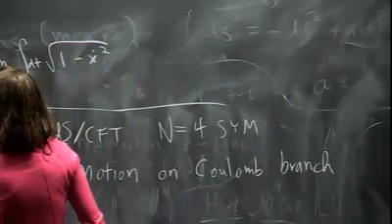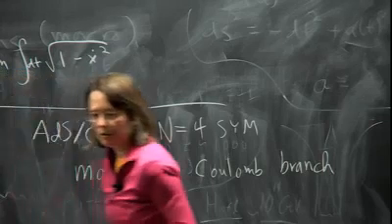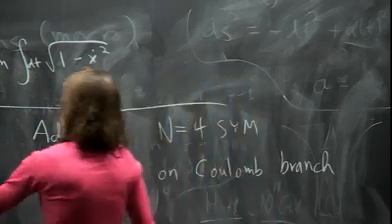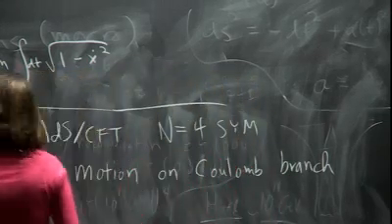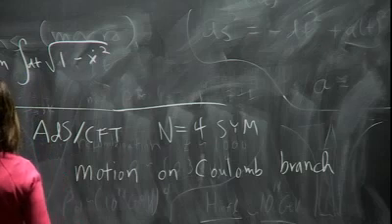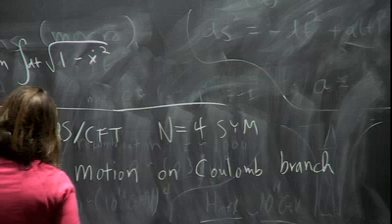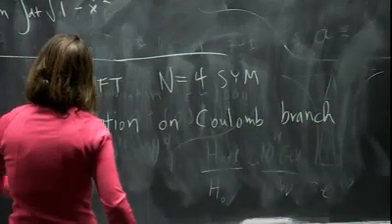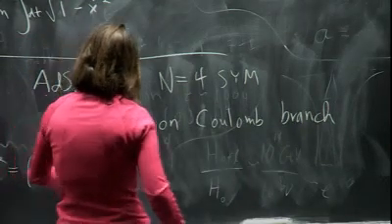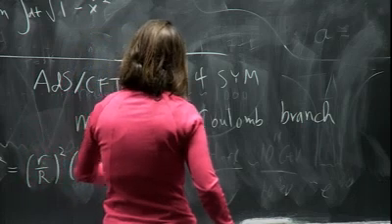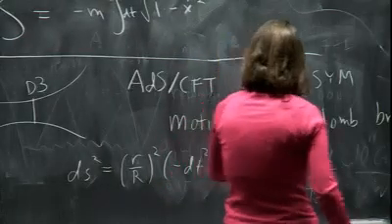So if you take a D3 brane of string theory and you stick it at a radial position, basically, if you're used to, let me just write the metric of AdS5 in a Poincare slicing.